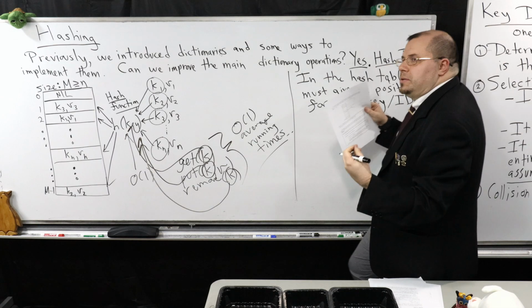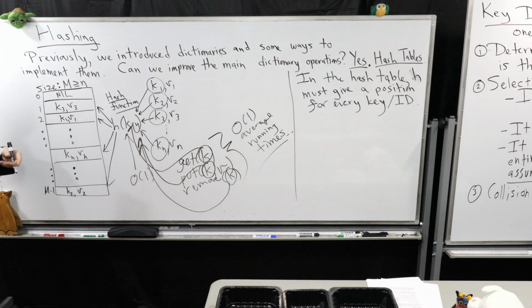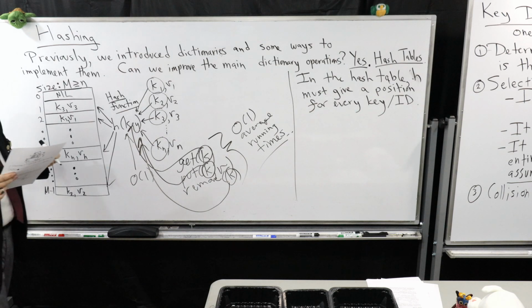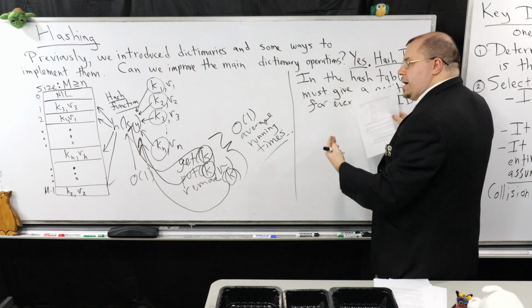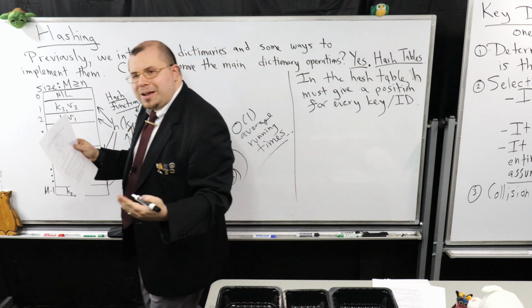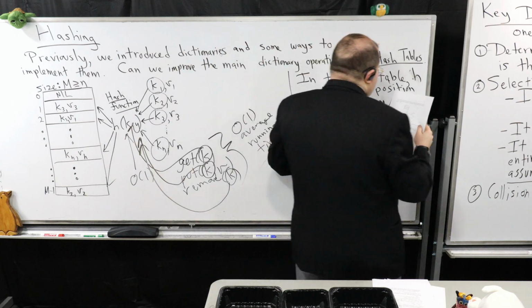It will be some piece of information that you're going to be taking along with the data to place it into the table. So I'm going to give you an example of an application where you might find this quite appropriate, because remember, I talked about dictionaries before.